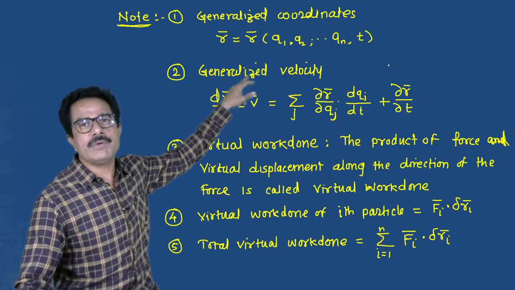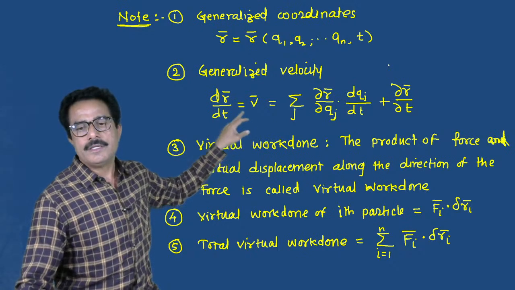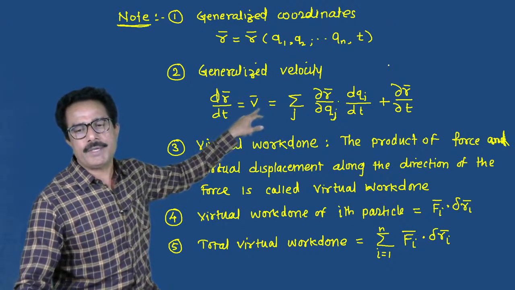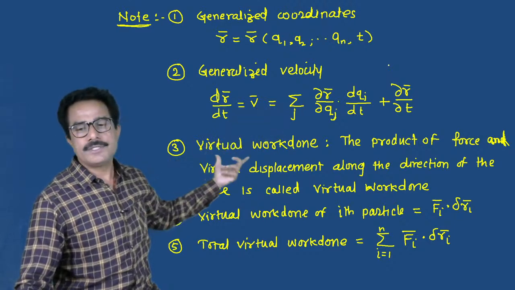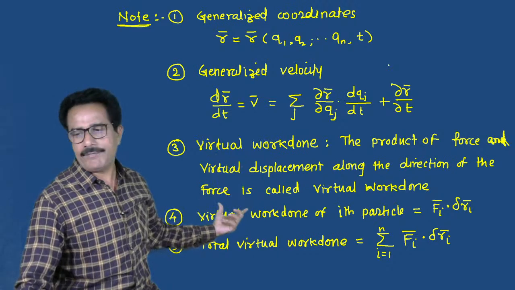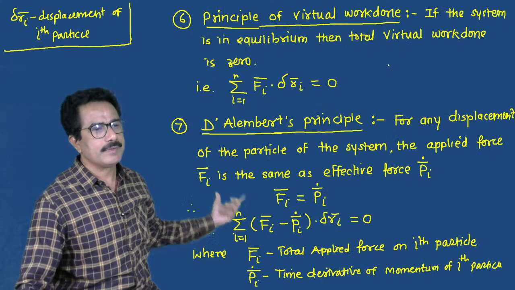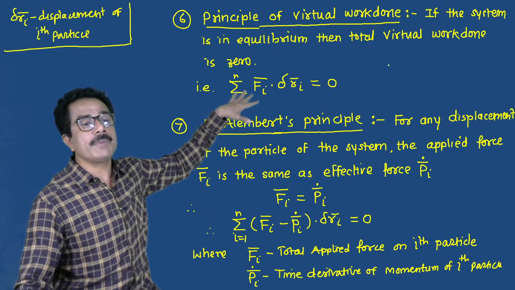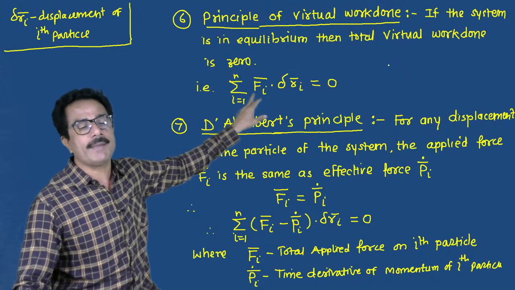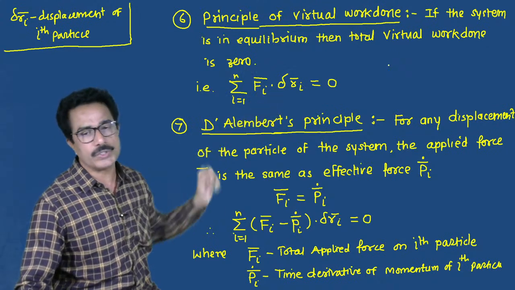The generalized coordinate is given by this relation. The generalized velocity is given by dr by dt, which equals v bar, summation over this. Virtual work done is given by fi bar dot dri bar. The principle of virtual work says summation over i equals 1 to n of fi bar dot dri bar equals 0.